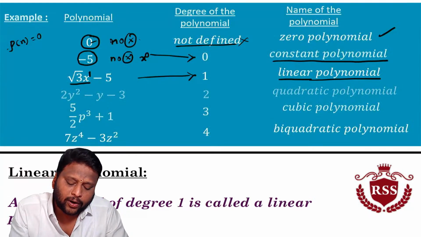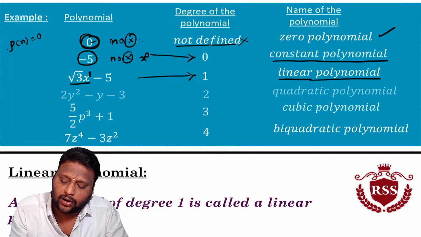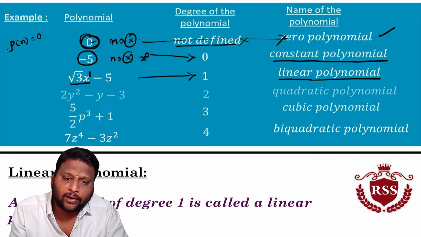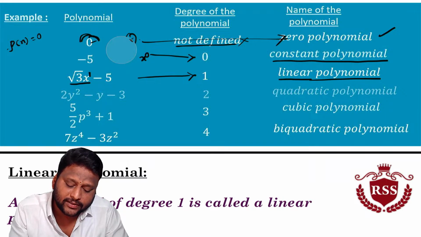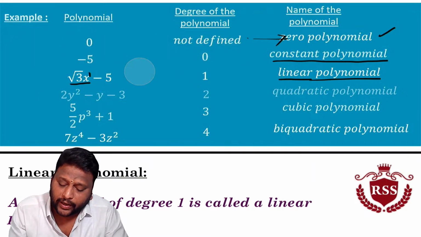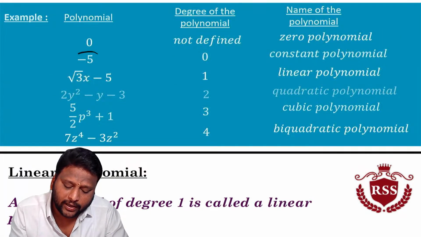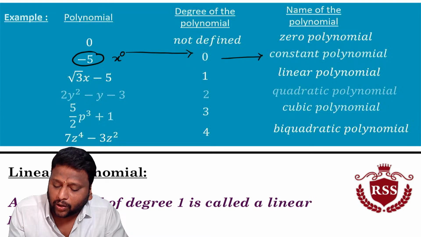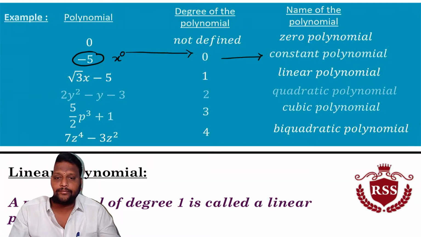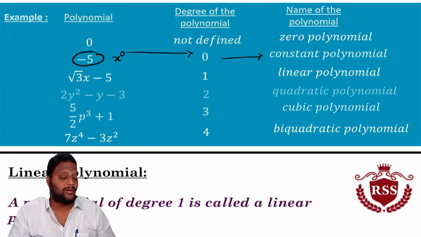If the polynomial is 0, then it is called zero polynomial. If there is no x presence in the polynomial, means x power 0, so degree is 0, that is called a constant polynomial.